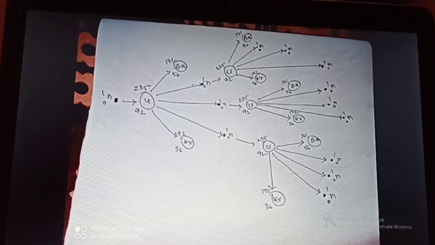So like this the reaction will go on and on, and this is a good example of an uncontrolled nuclear fission reaction.